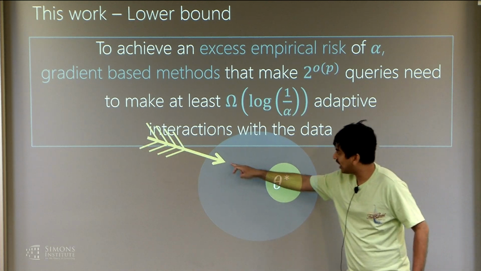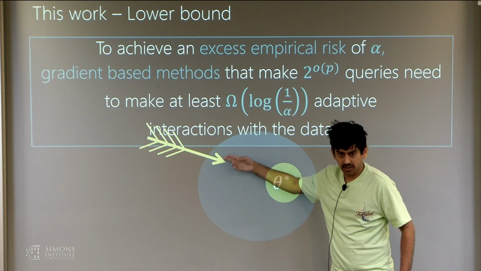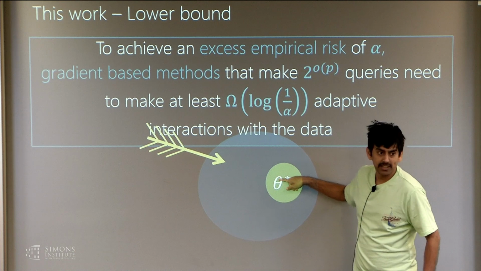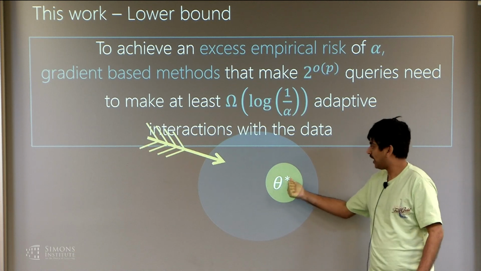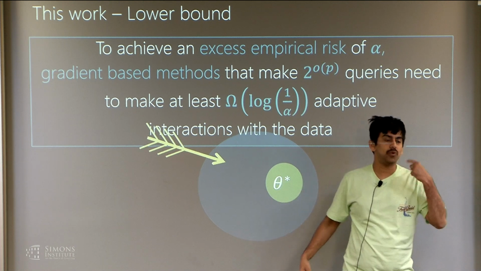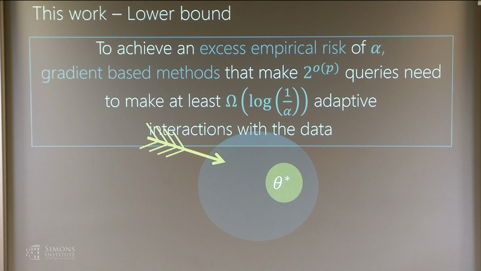But once you get information about the value of the gradient or the function from this dart, that will tell you where the ball is, and that round of interaction allows you to go inside this ball. So this enforces at least one round of adaptivity. We should go into much more detail later. So this is the lower bound.